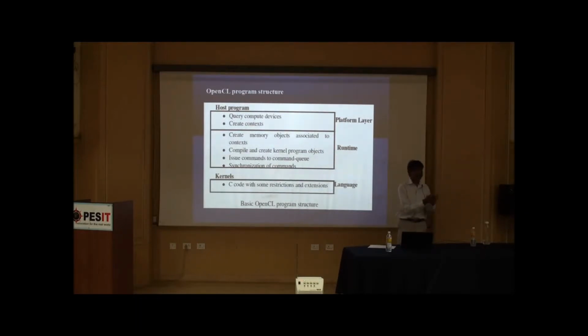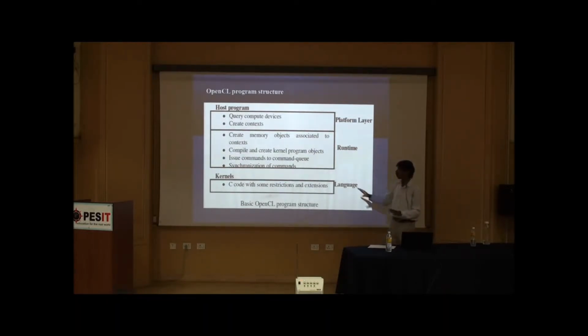The OpenCL part I will not call a module, I will call it a kernel. This is an OpenCL kernel. You have identified that this part of the program, the kernel, should execute on the OpenCL compute device which you have identified.